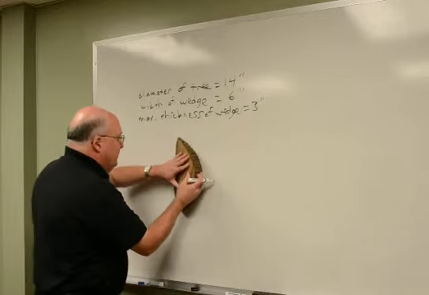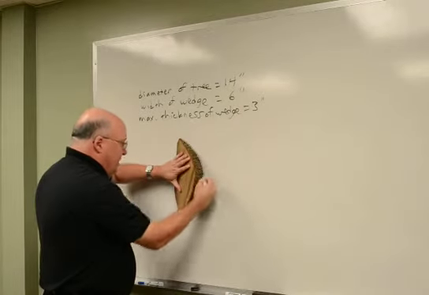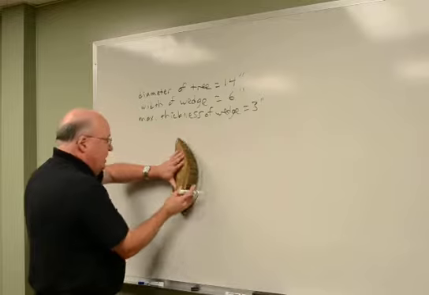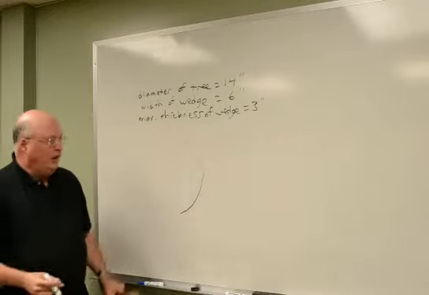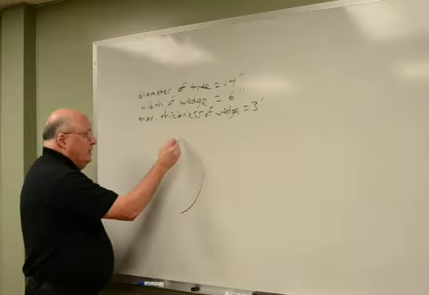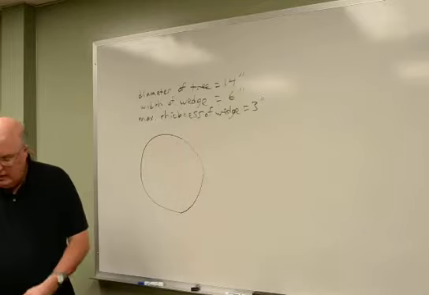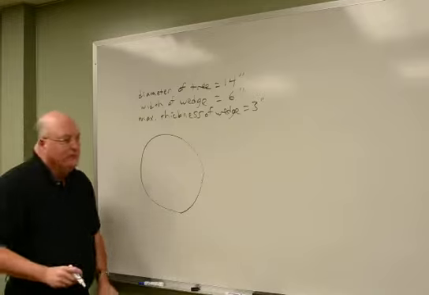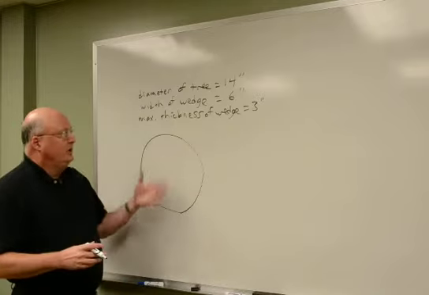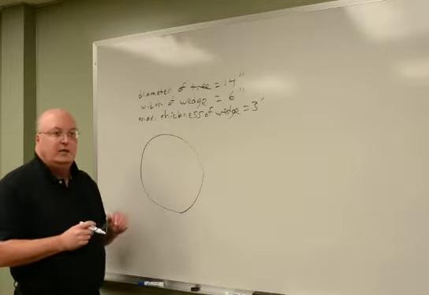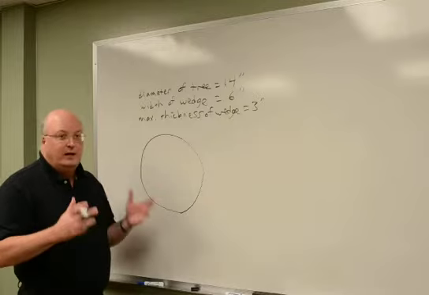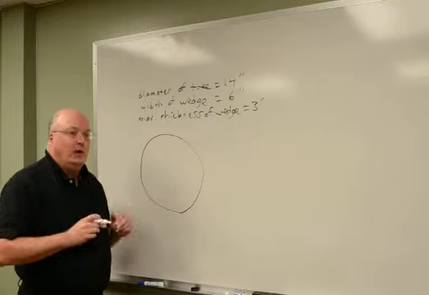First thing I'll do is trace around the outside here of the wedge so that we can get an idea of the size of the tree. Again, I said its diameter is 14 inches. And the nice thing about setting up a coordinate system in any kind of an applied problem is that we can set our coordinate system wherever we want.